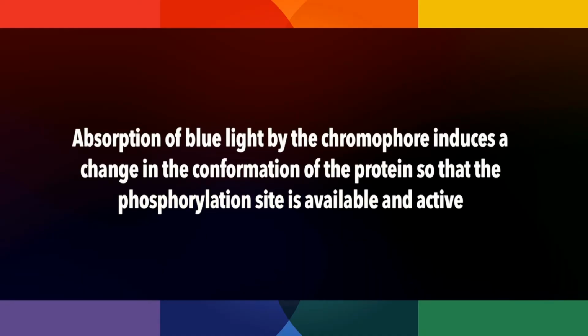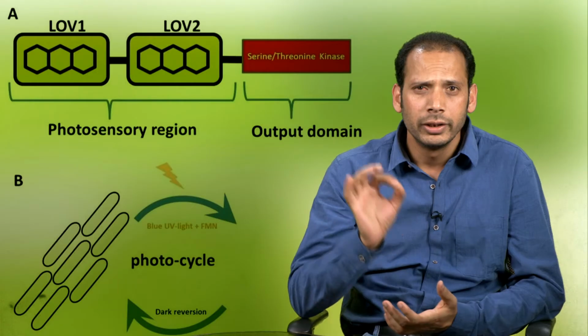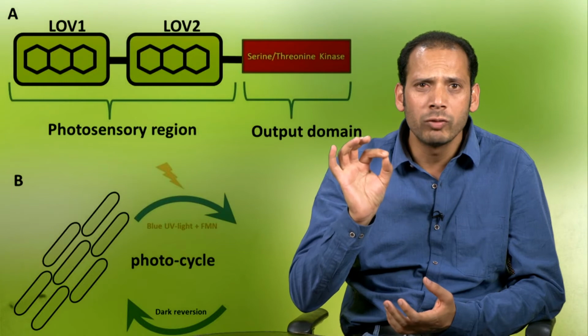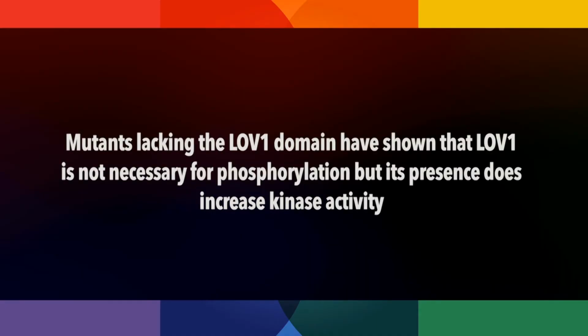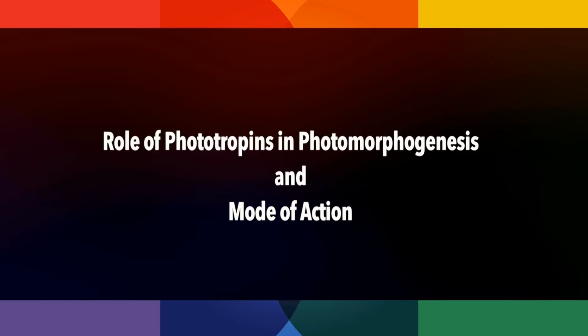Absorption of blue light by the chromophore induces a change in the conformation of the protein so that the phosphorylation site is available and becomes active. The role of LOV domain 1 is not clear. Mutants lacking the LOV1 domain have shown that LOV1 is not necessary for phosphorylation, but its presence does increase kinase activity of the protein. Now we will discuss the role of phototropins in photomorphogenesis and its mode of action.